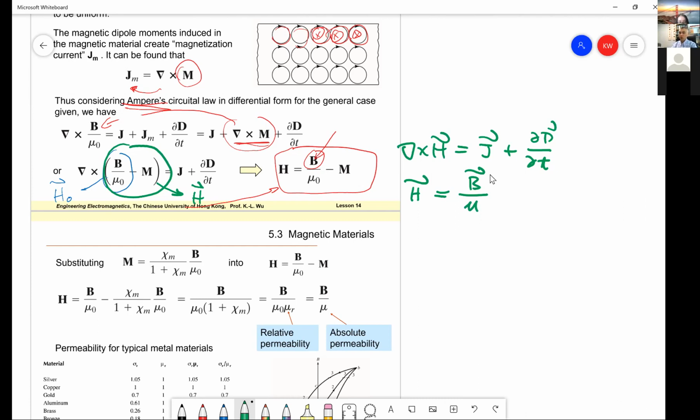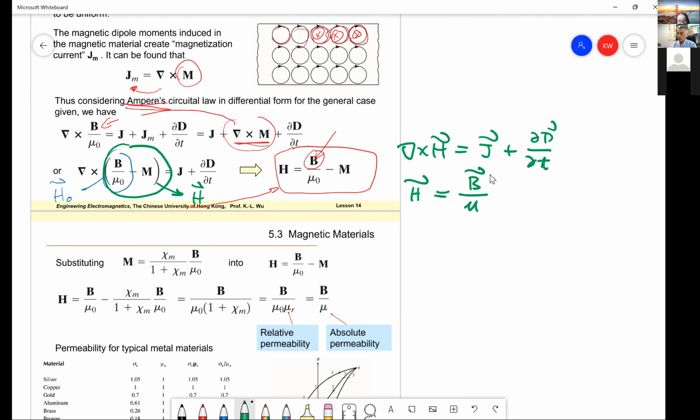B is the original one without this material. So now we put in this relation, and we can use the same original Ampere's law in integral form.